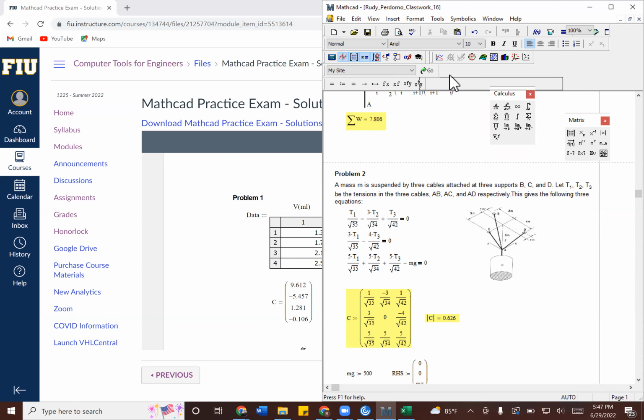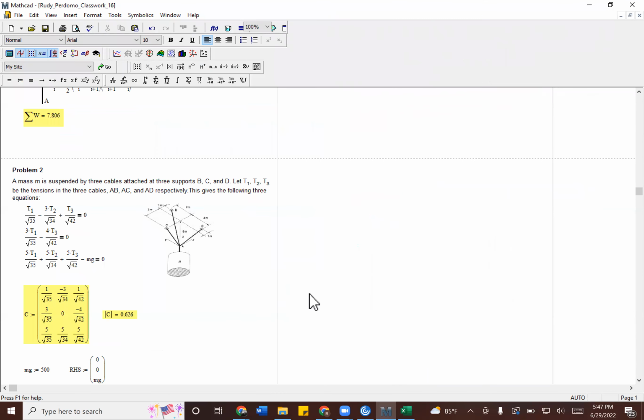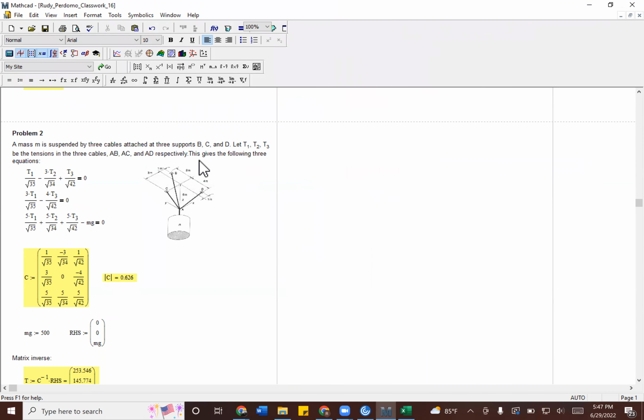So just pull this out of the way here. So for problem 2, it says mass M is suspended by 3 cables attached to 3 supports, and then it gives us the 3 equations. So we have T1, T2, and T3 as our unknown variables.